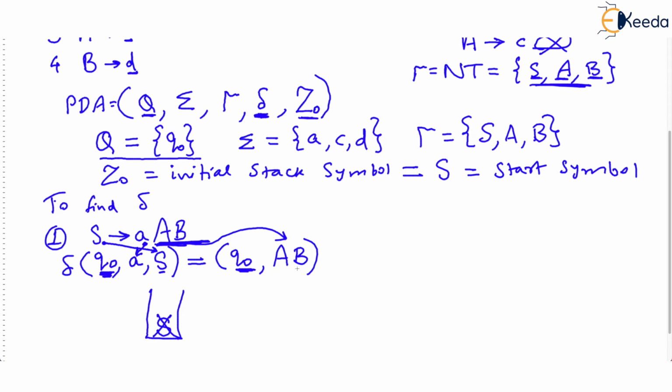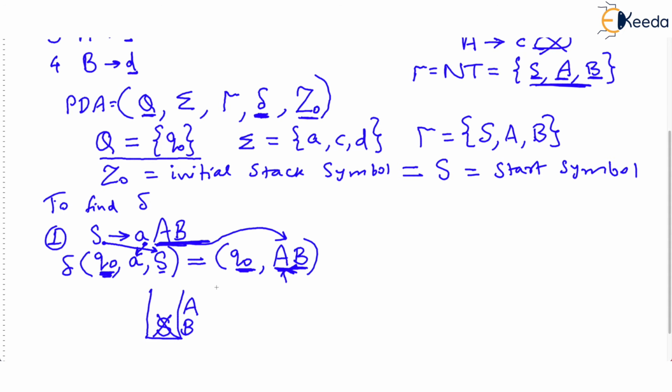How are you going to show AB? Yes, you are going to show B at the bottom and A at the top. Remember, the symbol written over here, A, is always the top. You are reading the stack as last in first out. So you should show AB as B at the bottom and A at the top.